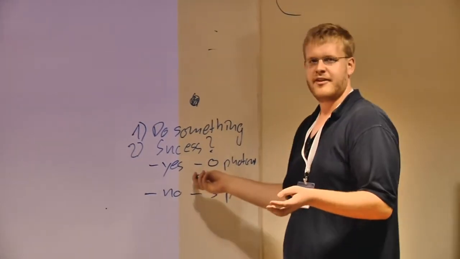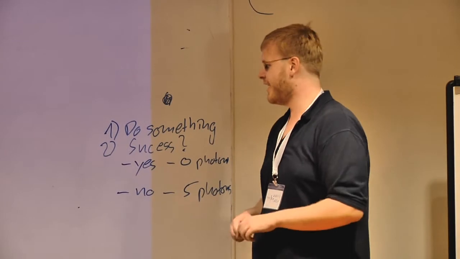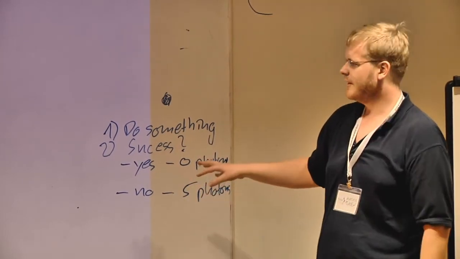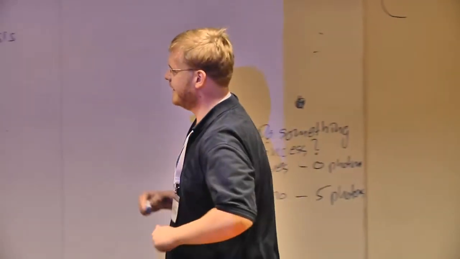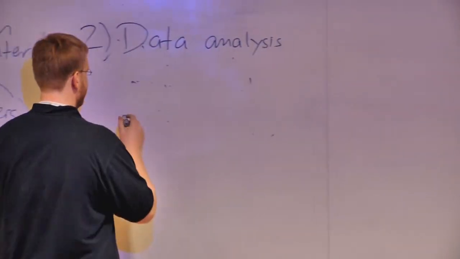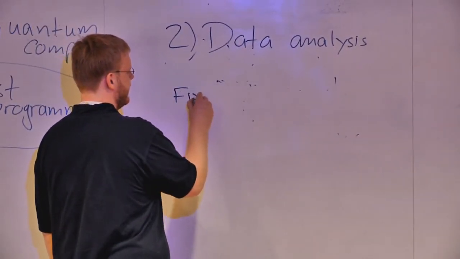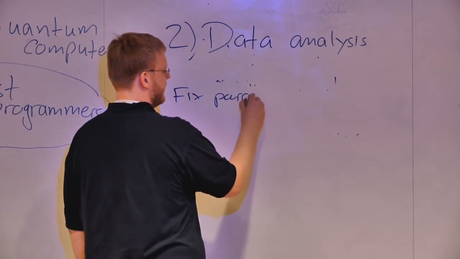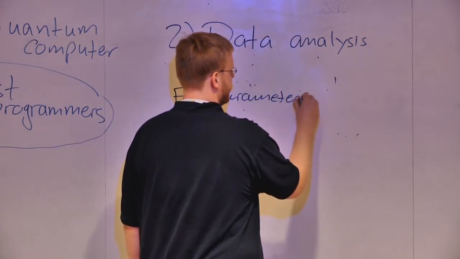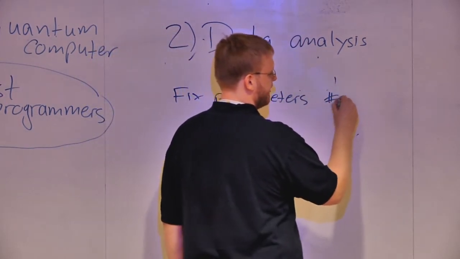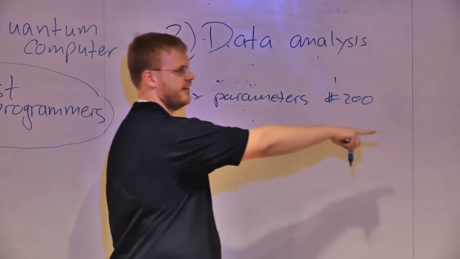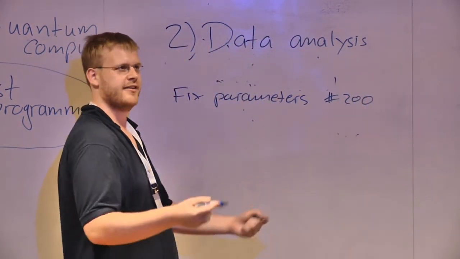Because we do this experiment hundreds and thousands of times, and we bin up these histograms. So we fix all parameters and repeat this 200 times or so. We get a lot of 5, 4, 3, 5, 6 events.